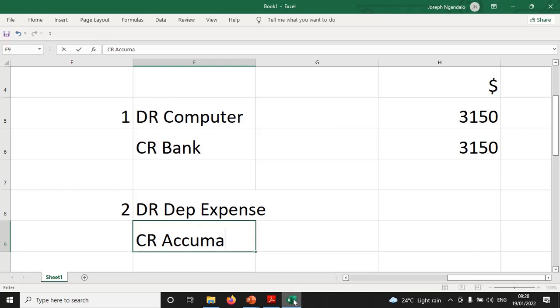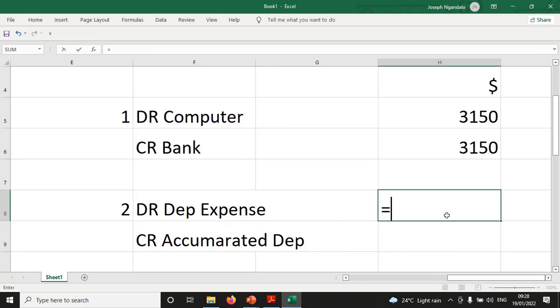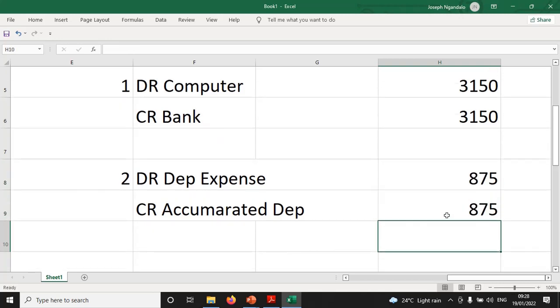Isn't it accumulated depreciation? You said the 35 by 25%, right? 875. So, yes. Did you see any effect on the suspense? Nothing, isn't it?